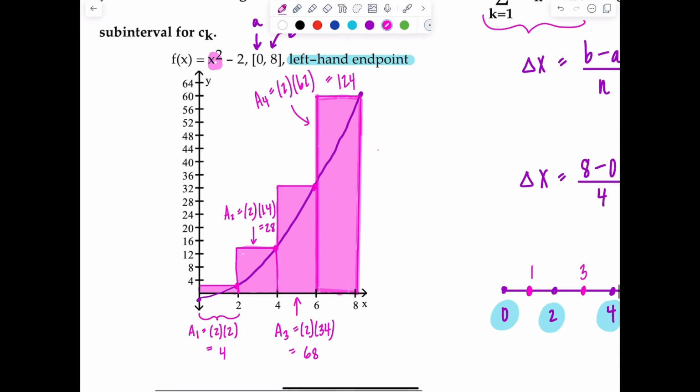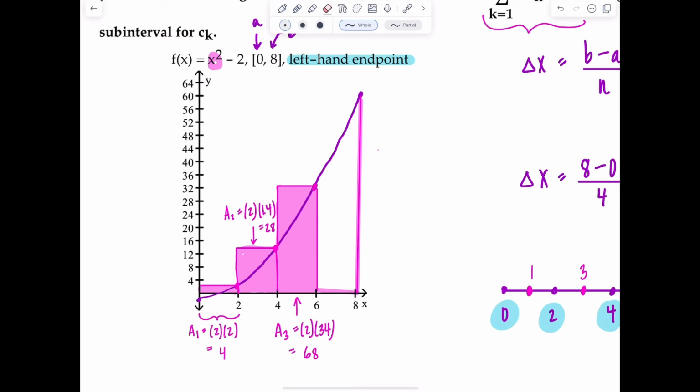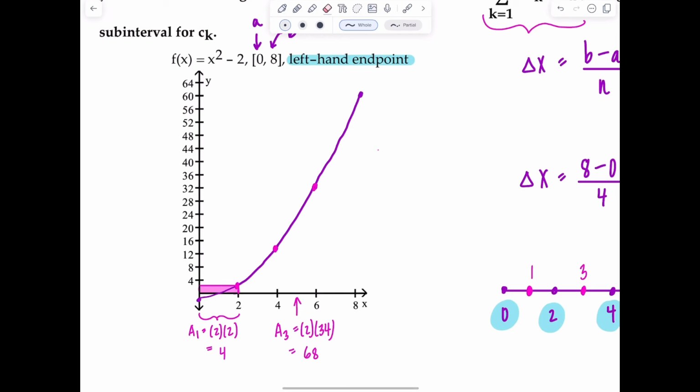So let's try once again. I'm just going to erase all this, and we're going to do midpoints. And then there's a couple other ways you can approximate that you'll learn in Calc 2. You can use trapezoids and sometimes parabolas and whatnot, but usually this is enough. Okay, so now we're going to do midpoints.